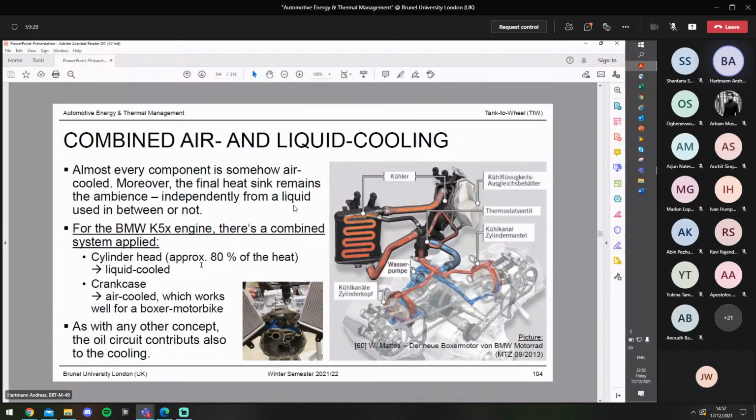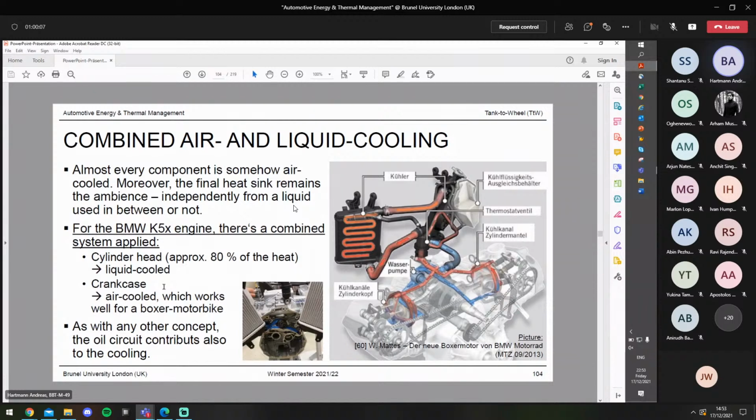This is where the heat is actually generated, and this is also the region where the heat can cause the most damage, right? So as mentioned, one of the major issues with insufficient cooling is the uncontrolled self-ignition. And this one occurs in the region of the cylinder head, and therefore the cylinder head must be cooled very sufficiently.